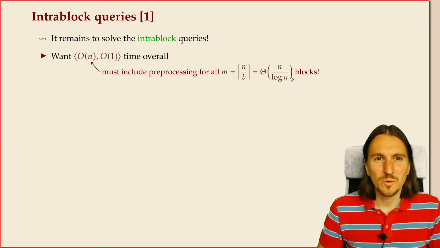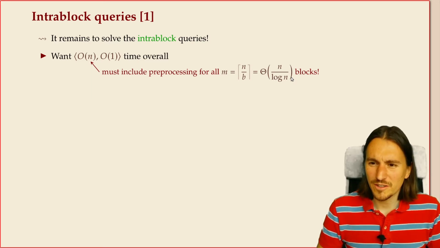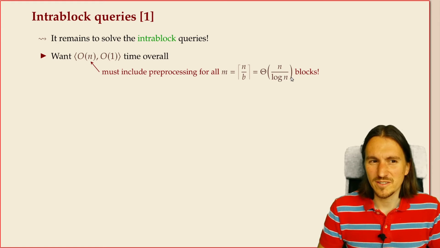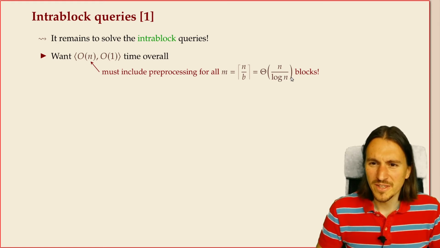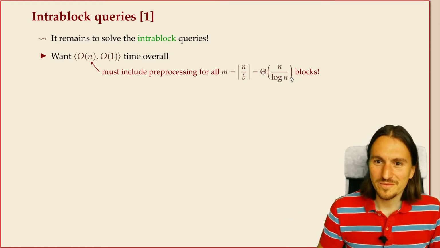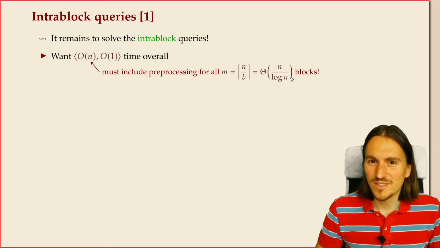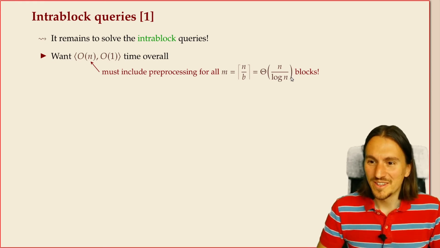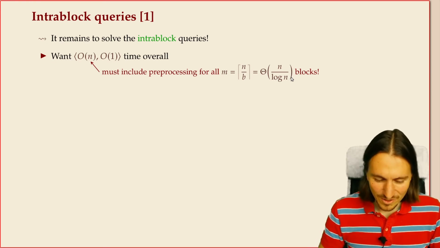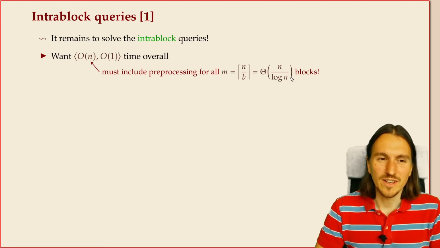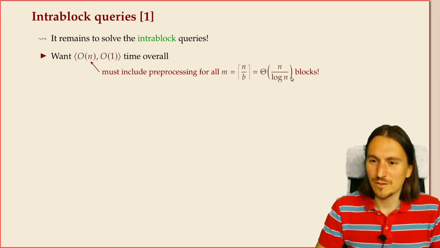Whereas if we wanted to store the Cartesian tree, it doesn't seem possible in an easy way to store the Cartesian tree so that you can find the LCA efficiently.